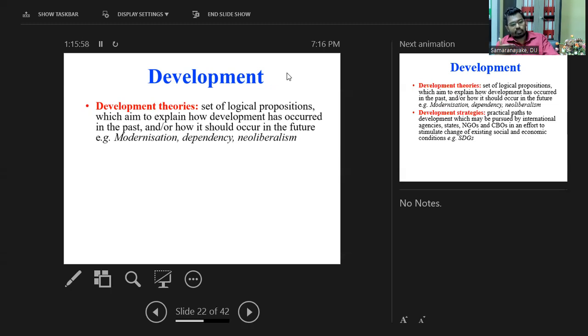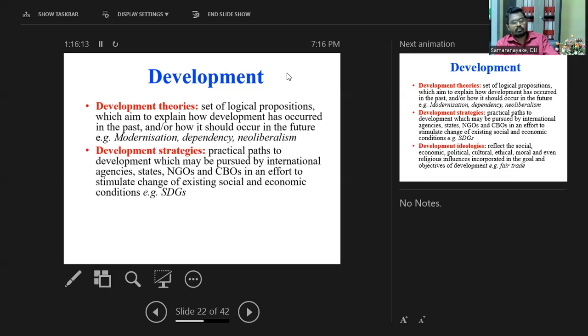Because the theories are more experience-embedded, they come out of different situations, and that's why we have new theories evolving over time with new experiences. It's better we know this history and even the recent evolutions of theories. And then strategies. We also need to study development strategies, not only theories, right?